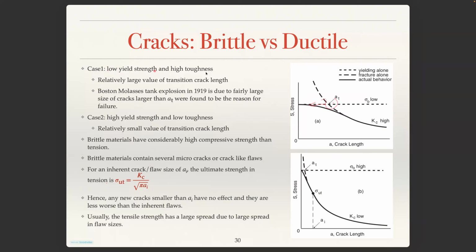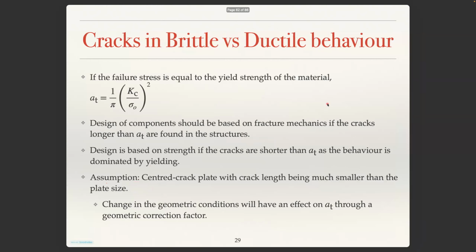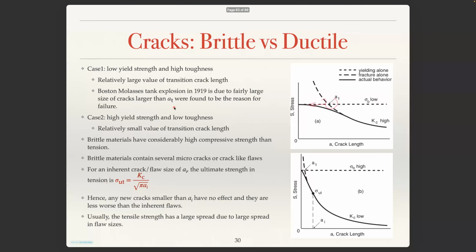So when we say very low yield strength and very high fracture toughness, you have a relatively large value of transition crack length. The transition crack length will be very large because if you look at this equation for AT, sigma naught is very low and Kc is very high, and hence you have a very large value of transition crack length.